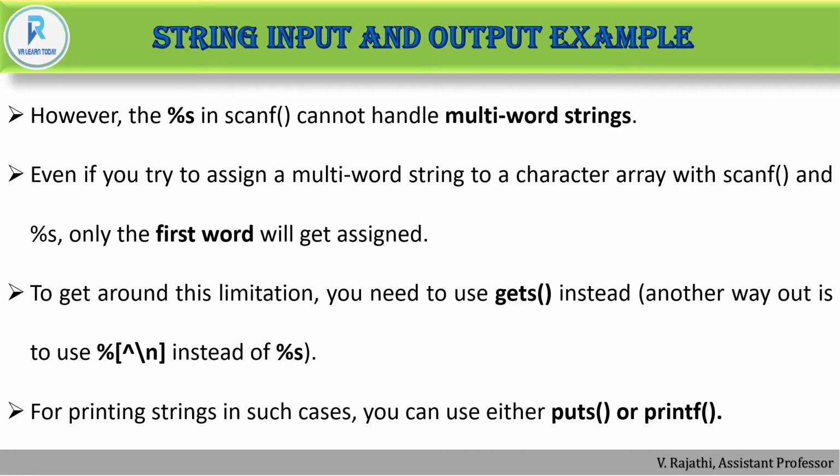But if you want to use scanf, it's possible: the other way out is to use % followed by square brackets with ^\n inside, instead of %s. For printing a string, you can use either puts or printf, which we already know.